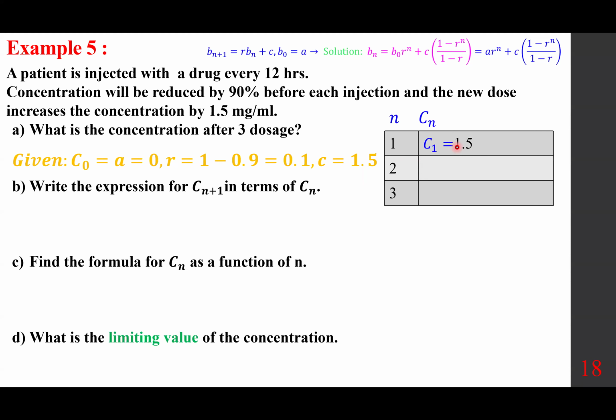They add up to 1.65. For the next one, we get again 1.5 and 10% of this one now, which is 0.165 added to 1.5, we get 1.665.